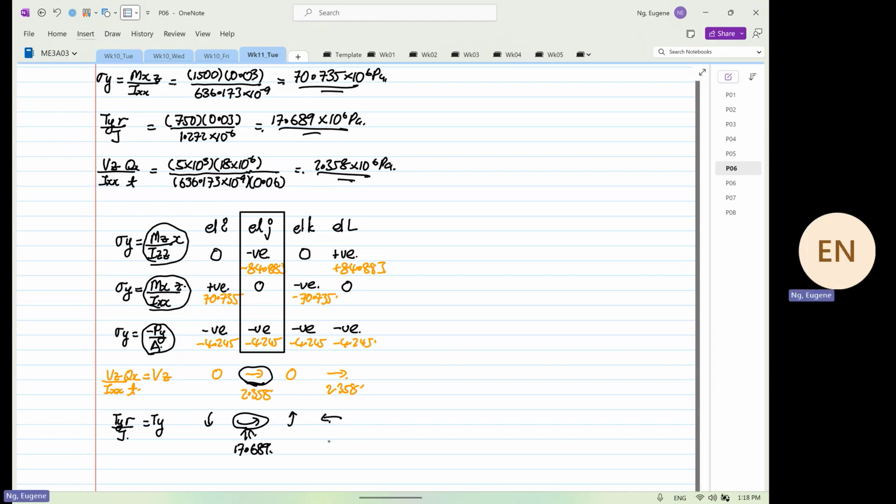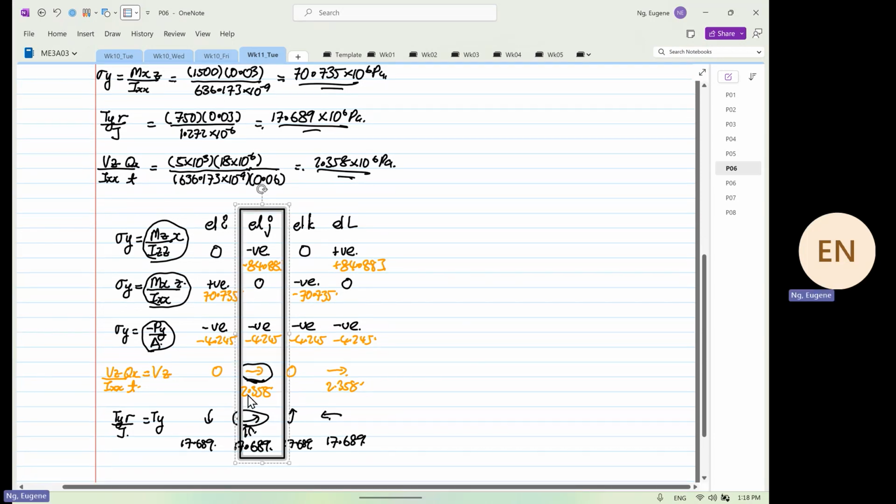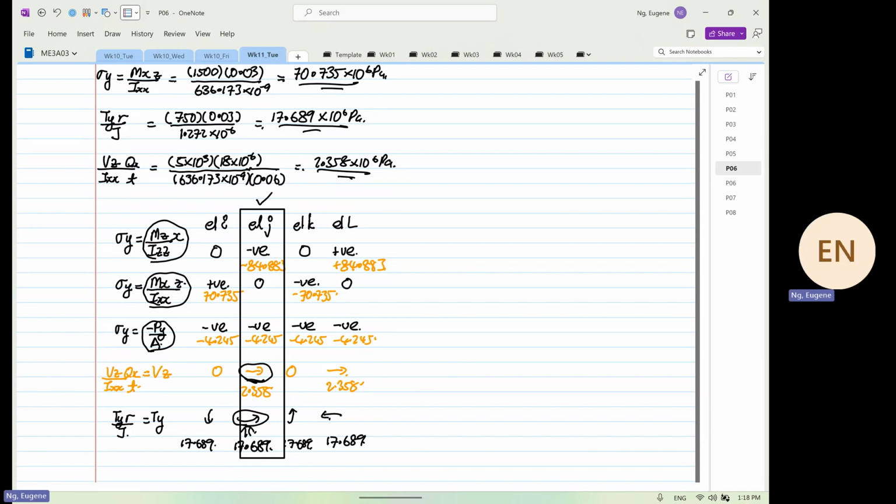And this one is also 17.689. All these are also 17.689, yes or no? And in terms of shear, where's the highest? The same one. Are we clear? So with this, we know that element J is where failure is going to occur.